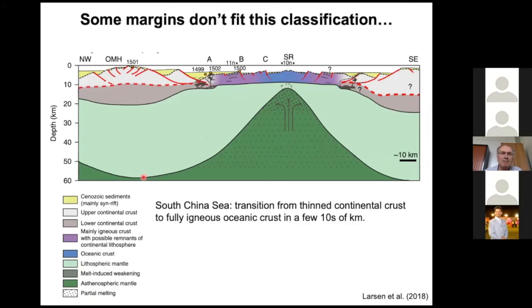Then there are some other margins that don't fit into this sort of end-member classification. One that's had a lot of recent attention is the margins of the South China Sea, and there, from some recent drilling, it seems that essentially the thinned continental crust abuts against crust that's mostly igneous, so the continent-ocean transition is very narrow indeed, at most a few tens of kilometers wide.